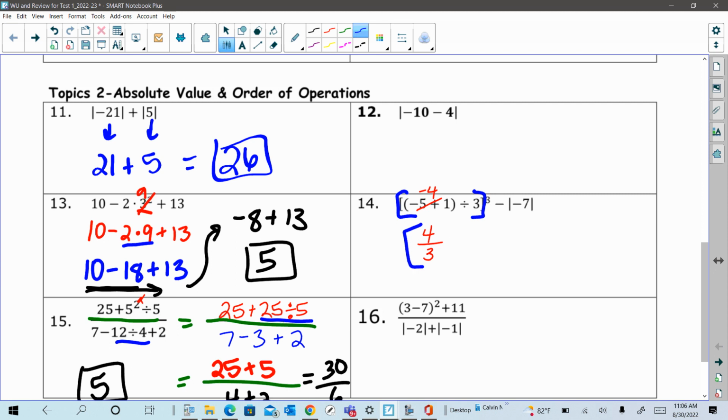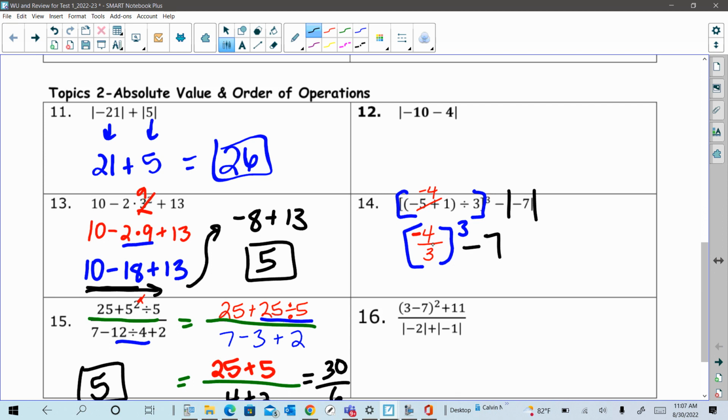This has to go to the power of 3. Oh yeah, sorry, I forgot my sign. It's a negative 4 over 3 to the power of 3. And then we're going to have minus the absolute value, but this is grouping as well. And the absolute value of a negative 7 is just 7. So it's minus 7.